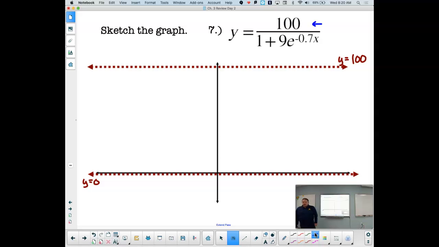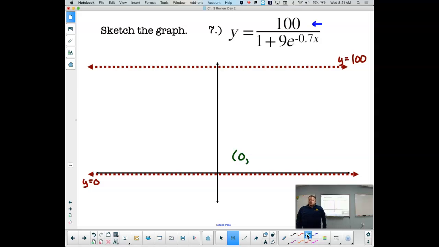Because it's logistic, it's going to start out on the left side along my horizontal asymptote, grow exponentially, and then level off and end on the right side by my upper horizontal asymptote. We just have to find the y-intercept point, 0, something.